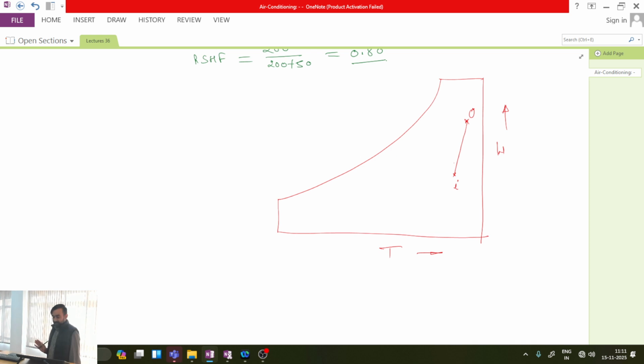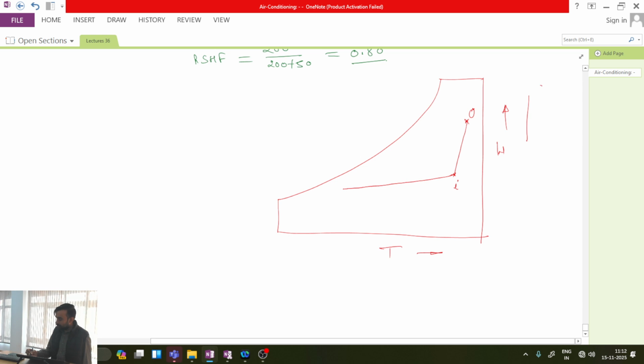Important point is then RSHF is given in the question. So I can easily draw the RSHF line. Anyone is having any doubt about this? Can I draw RSHF line over here or not? I can draw RSHF. RSHF will be simply equal to 0.8.